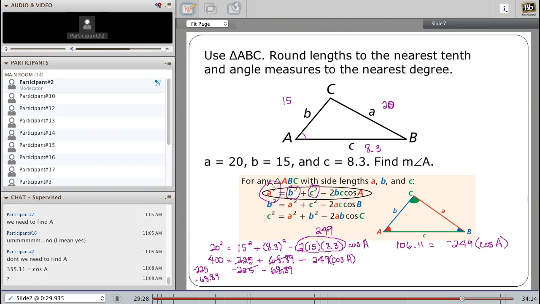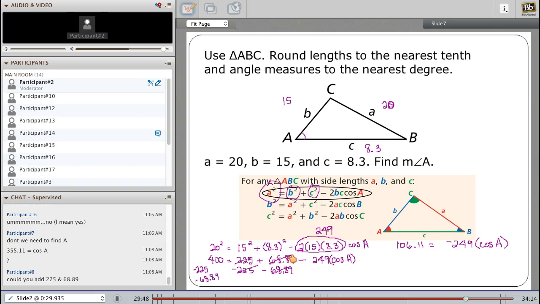Does it make sense to you guys how we found the 249? We multiplied these three numbers together, the 2, the 15, and the 8.3, to get the 249 right here. You asked some good questions.